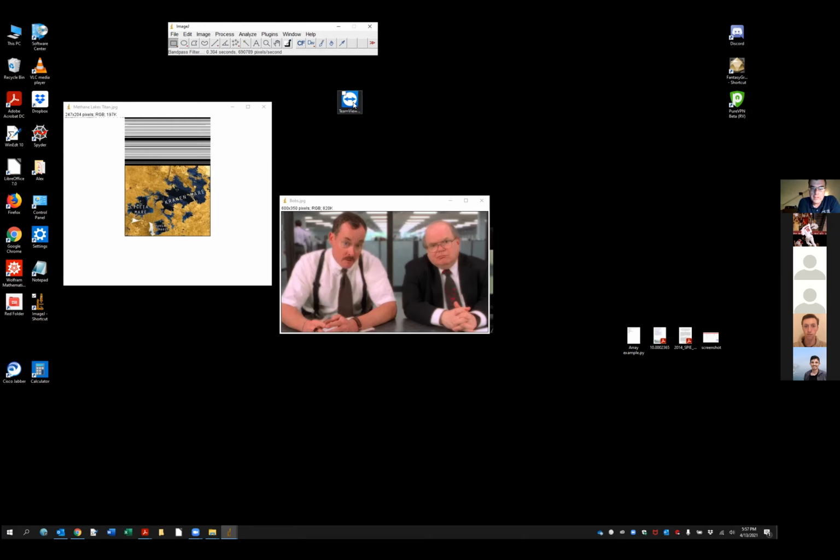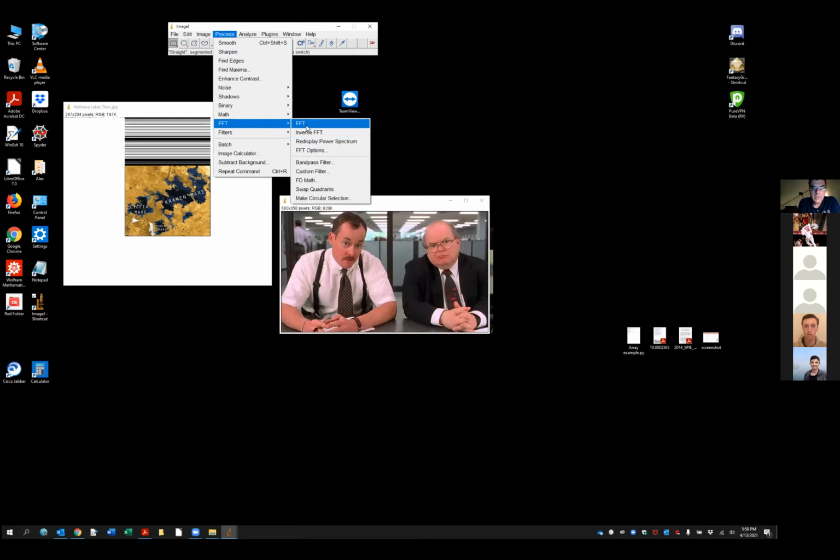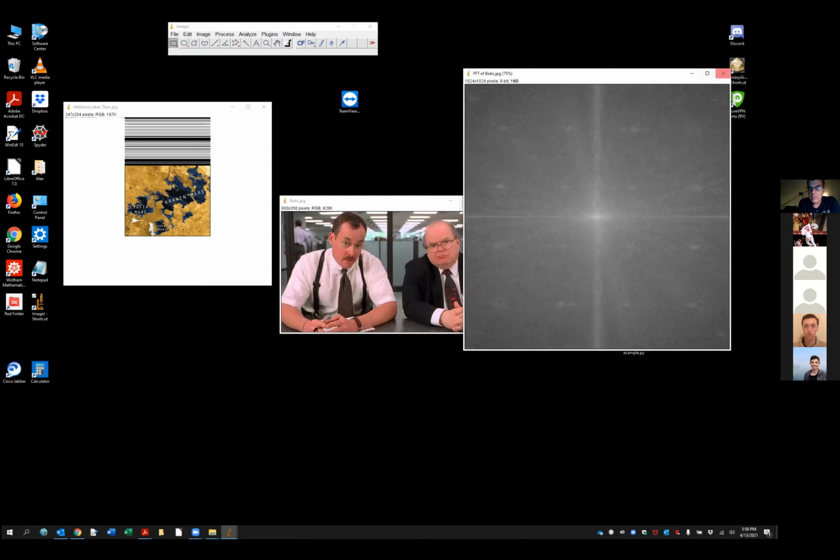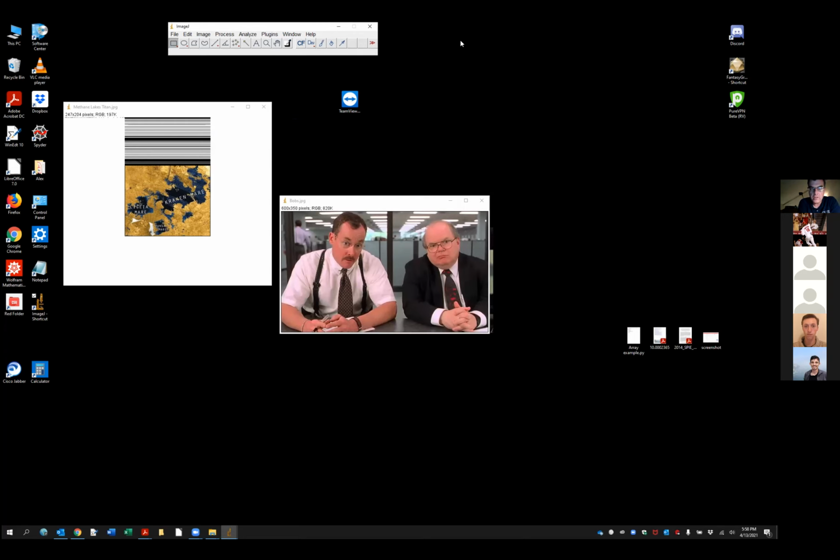And what you should notice is that the Bobs got slightly fuzzier. I can undo that and they look sharp. But then if I redo that, oh wait, that was the Fourier transform of it. It doesn't look like much.